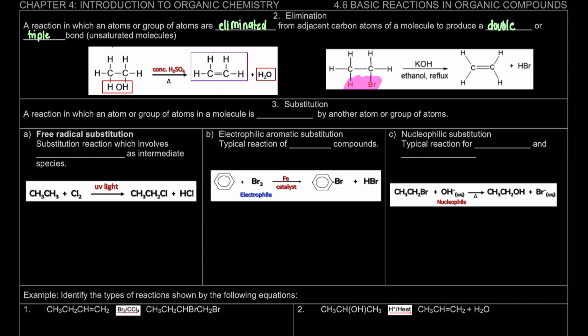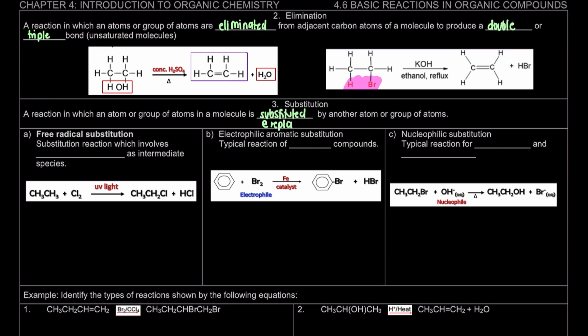The third and the last type of reaction that we're going to learn is substitution. So what is substitution? Substitution is actually a replacement. So substitution reaction is one in which an atom or group of atoms in a molecule is being substituted or replaced.